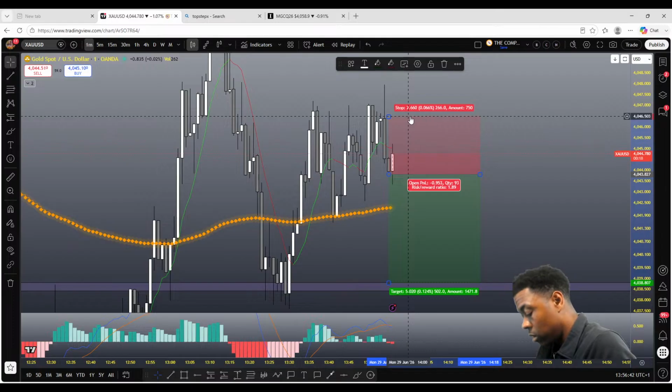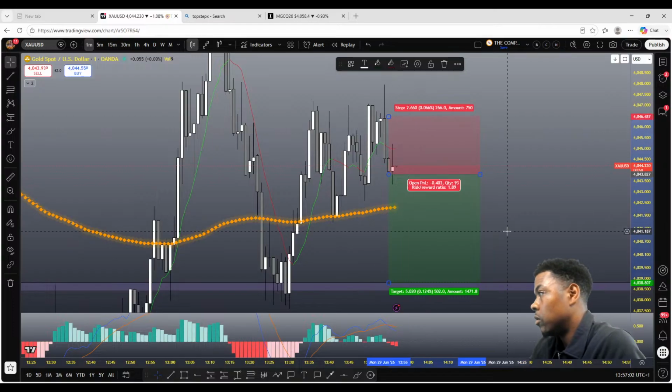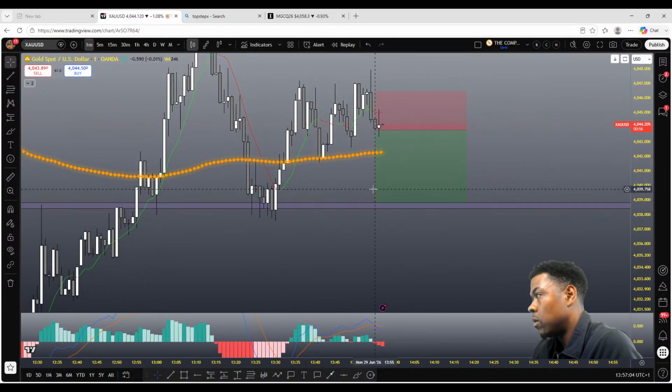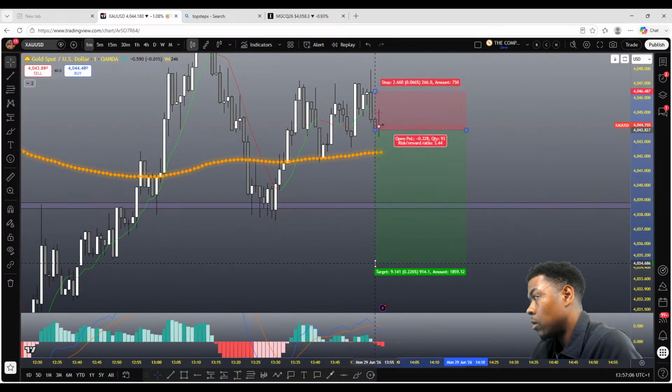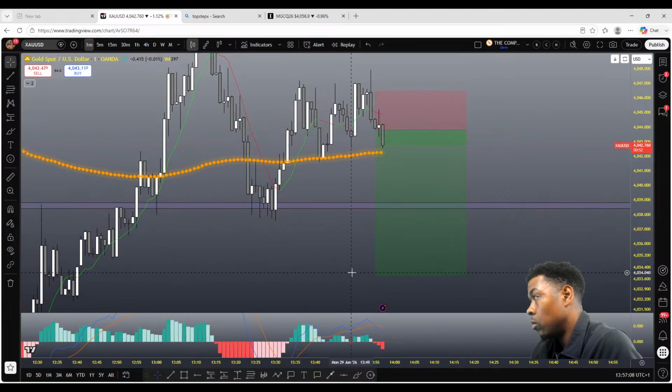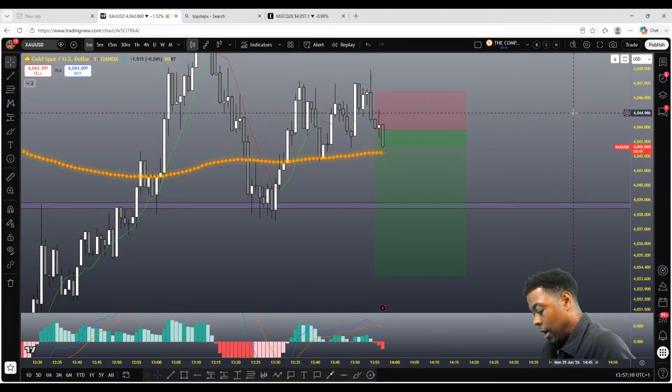Oh, it is what it is. Alright, cool. So let's see how this trade plays out. Hope we're gonna hold this trade for around 100 pips.